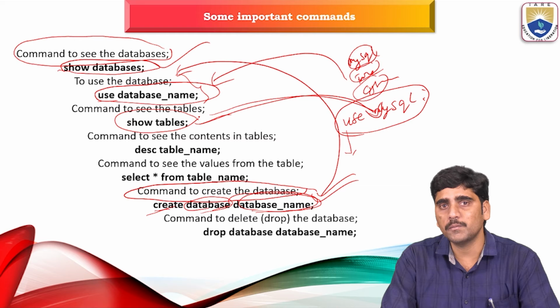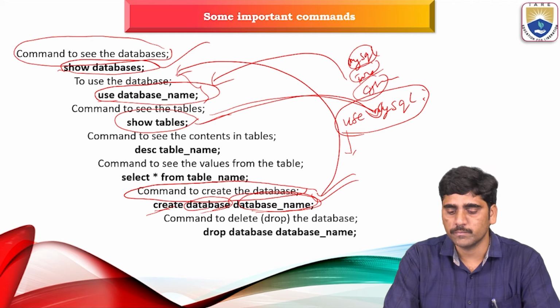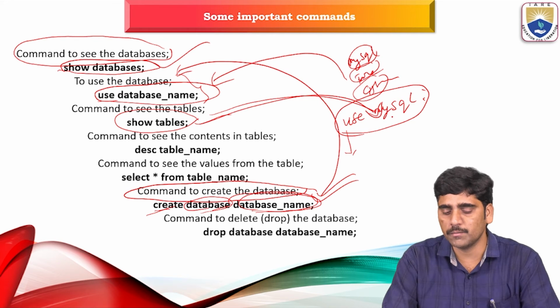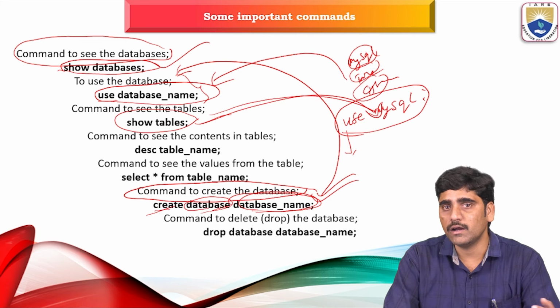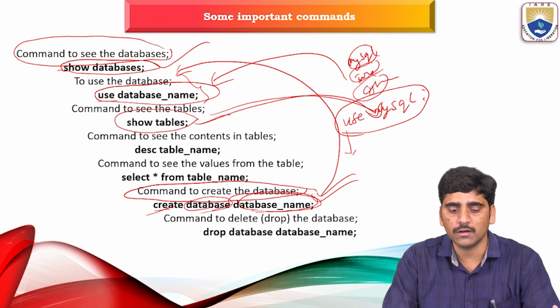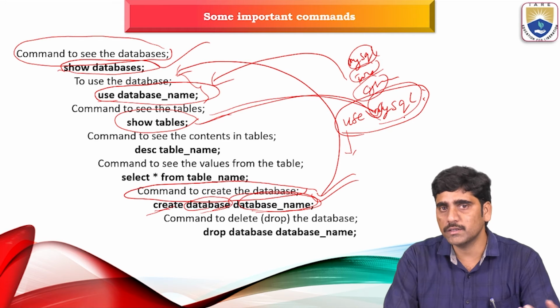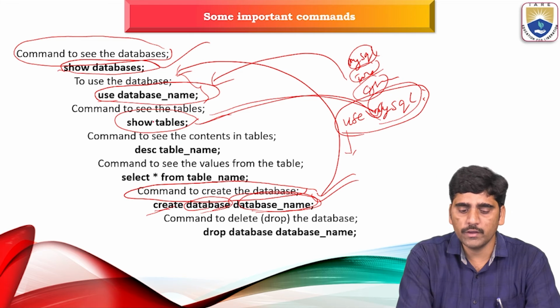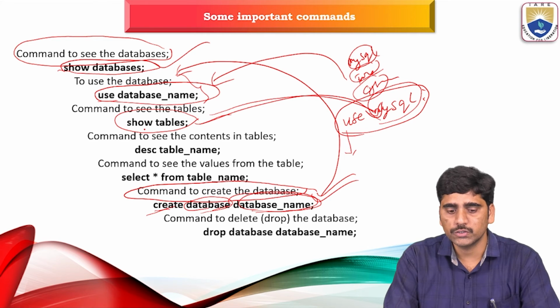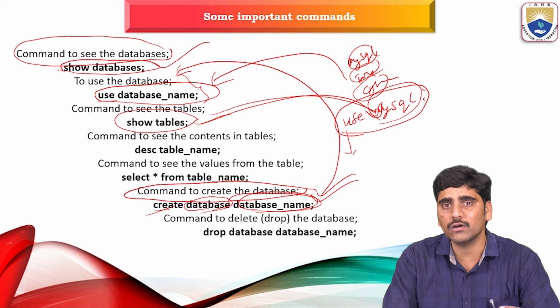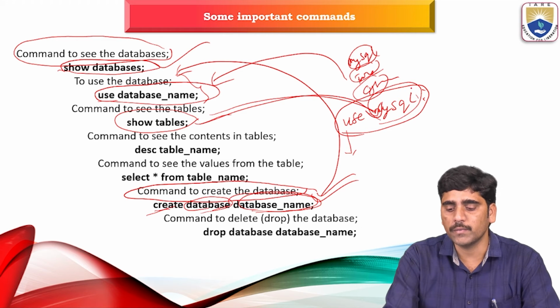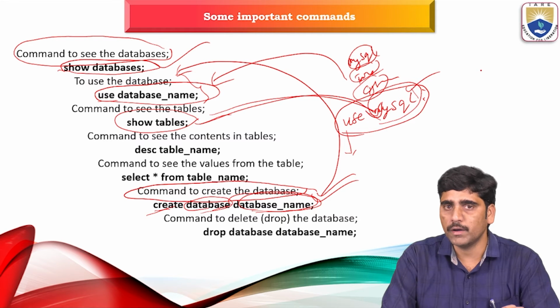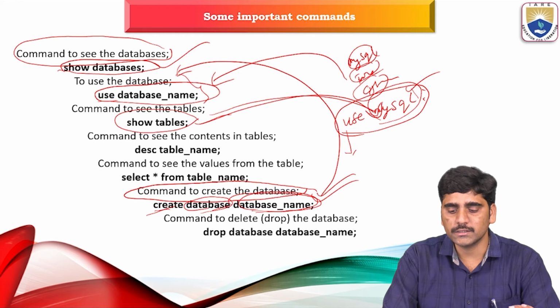We can just type SHOW TABLES, and the database will display the list of tables that already exist in it. So to display the list of tables available in the MySQL database, we type SHOW TABLES.